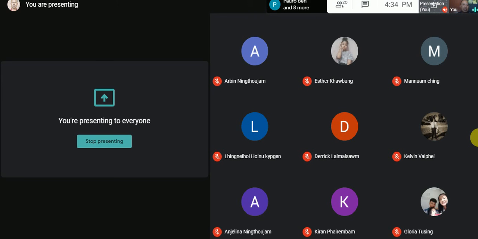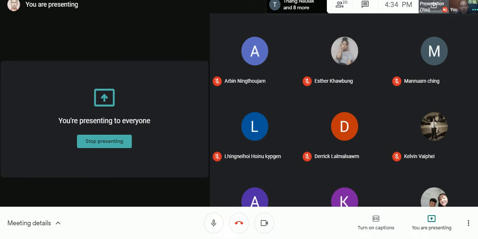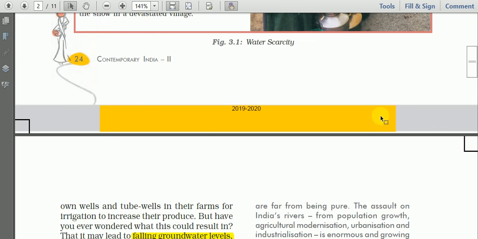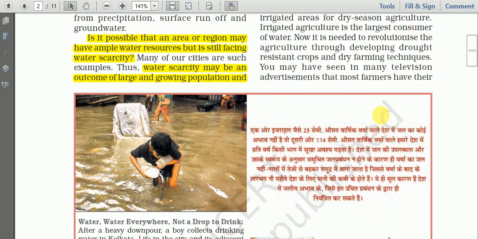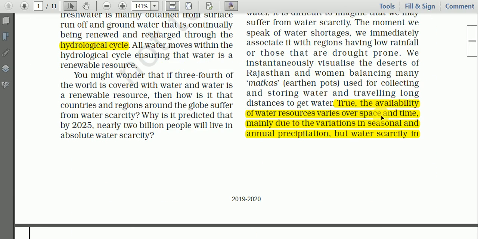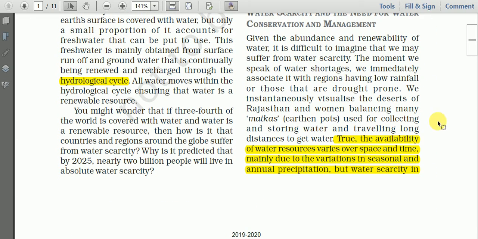Okay, see again, let us remember those points. Actually we have this shortage of water here. The first point is that we have shortage of water because of seasonal differences in the amount of rainfall.